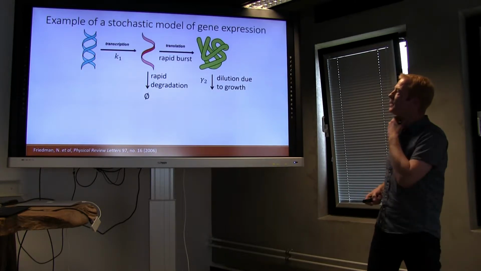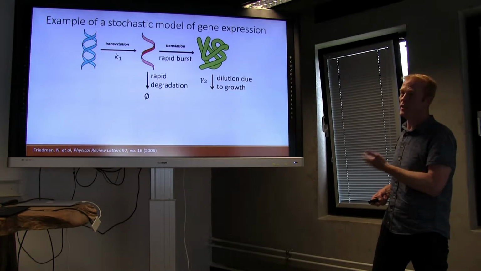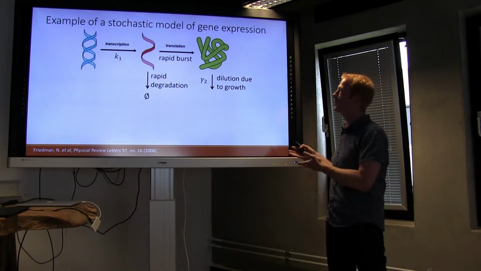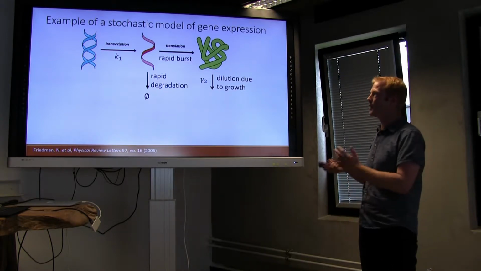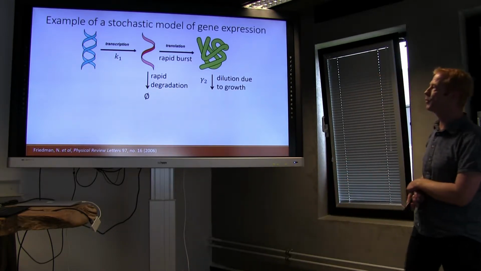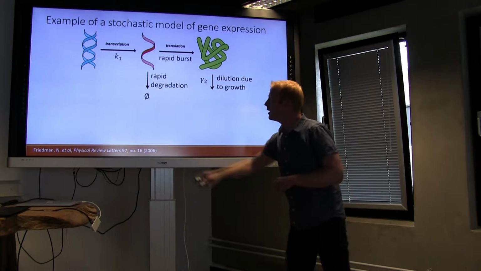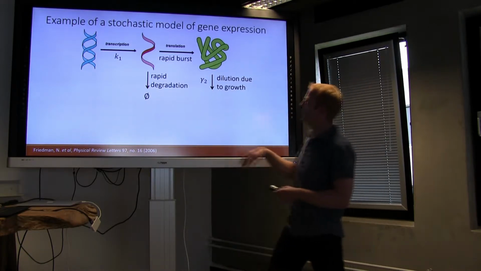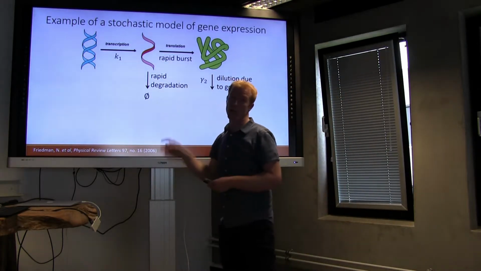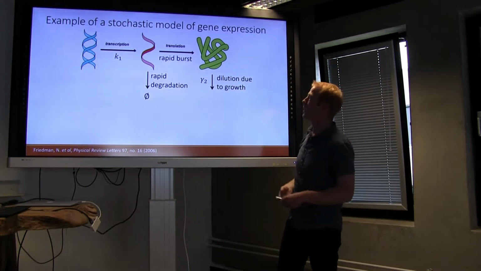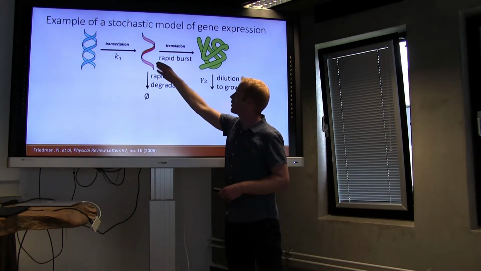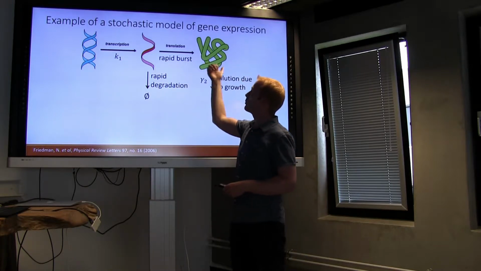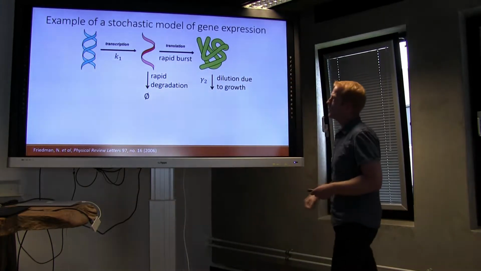So keeping that in mind, one way to model this particular source of noise, which was done in many different ways, and I'll take an example from 2006, is to say, well, if I know that the degradation of RNA is kind of fast, so I have rapid degradation, and in that very short time that an RNA lives I produce a burst of protein, then I can model it like this.